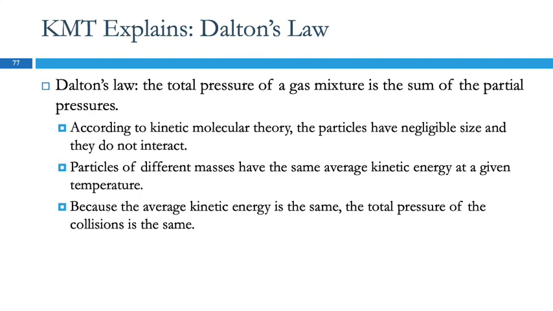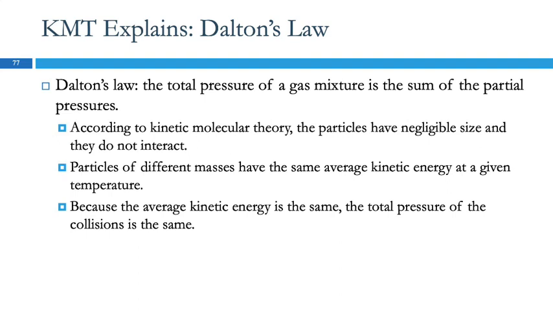We learned about Dalton's law of partial pressures. The total pressure of a gas mixture is the sum of all the pressures exerted by the individual gases. So the particles of a gas are negligibly small, so what kind of particle they are doesn't matter at all. Particles of different mass are going to have the same average kinetic energy.